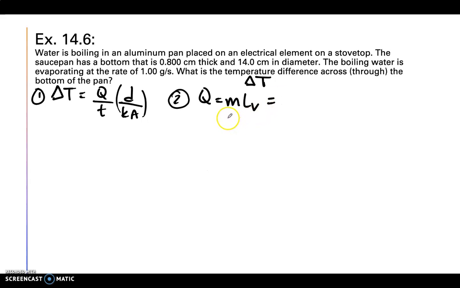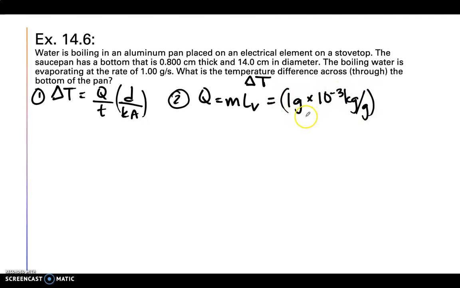So the mass of my water evaporating at this rate, I'm going to take 1 gram. We're going to convert it.